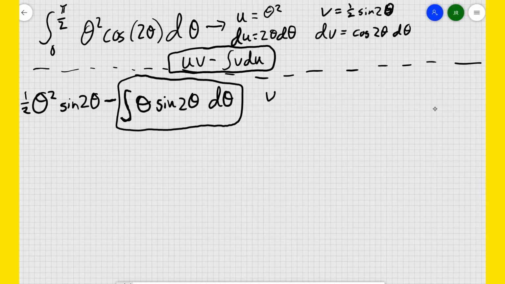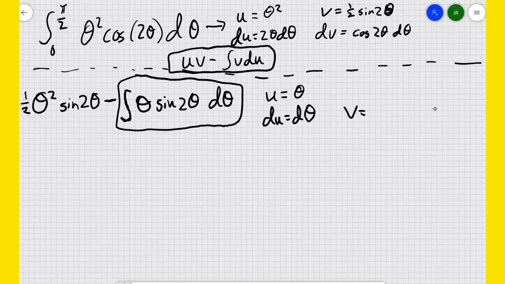So u is equal to theta, so du d theta is equal to 1, and so du equals d theta. I'm just going to rewrite that more compactly: du equals d theta.